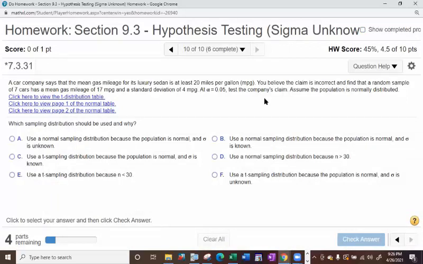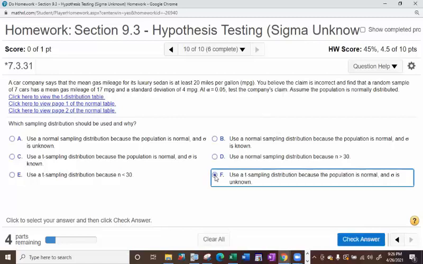All right, assume the population is normally distributed. We're definitely going to be using a t. And actually F would be the right answer there. A lot of times the n will be less than 30, but that's not the primary reason. This is the primary reason because the population is normal and we don't have the sigma, the population standard deviation.